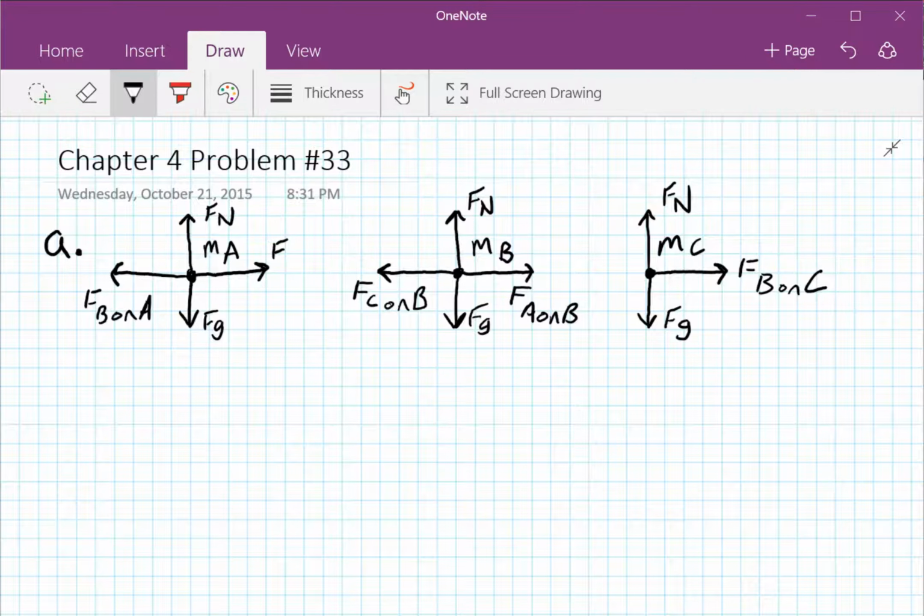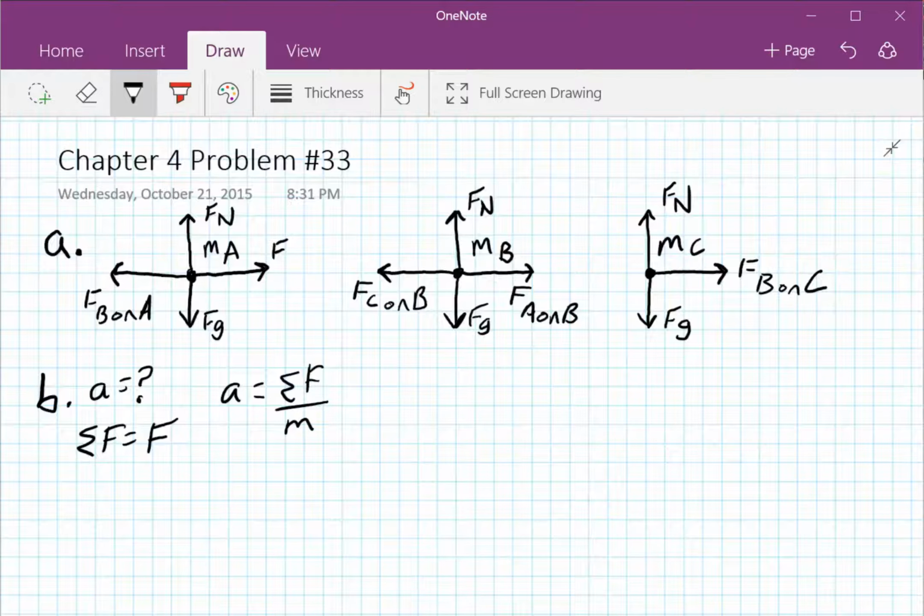Now to go on to part B, they're asking you to express the acceleration. Okay, what does the acceleration equal? If the sum of the forces, in this case the external forces, just equals F, then we can use that in our equation. You'd normally have a equals sigma F over m. Well, if that's the case, then we can rewrite that as the acceleration equals the force divided by the sum of the masses.